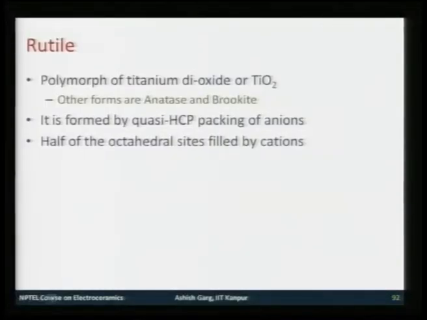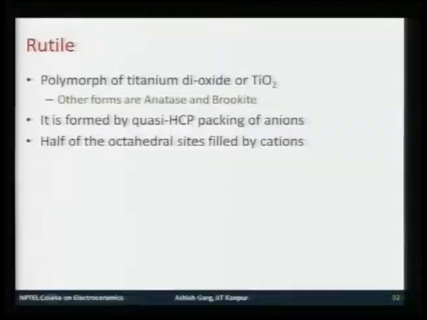Now, again in this structure, based on the radius ratio, you have octahedral sites filled by cations, which means titanium goes to the octahedral site having 6-fold coordination. Now, if titanium is coordinated by 6 oxygens, based on the stoichiometry, oxygen will be coordinated by 3 titaniums, so it will have triangular coordination. This is something which you can again verify using the bond valence or bond strength rule.